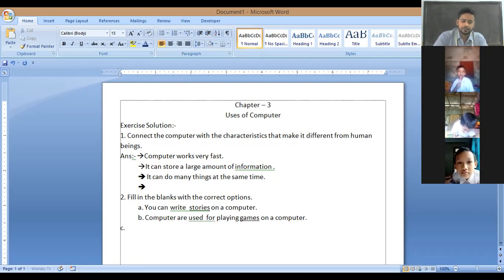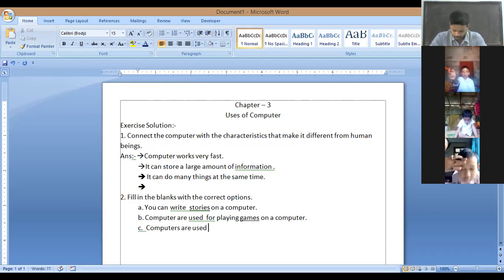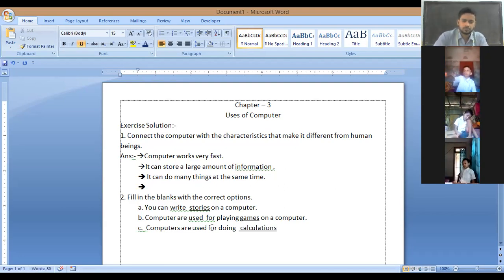Now number C: computers are used for doing calculations. Finished.